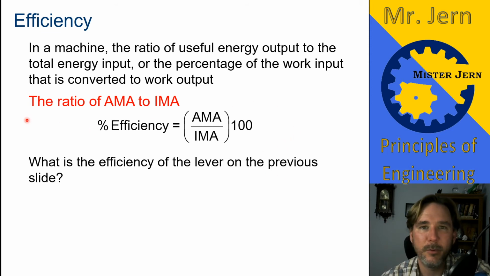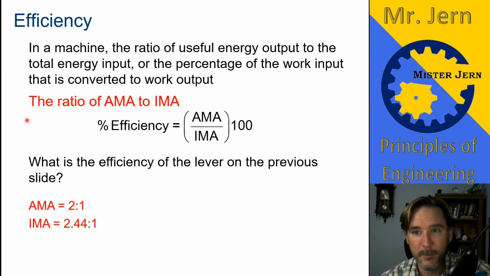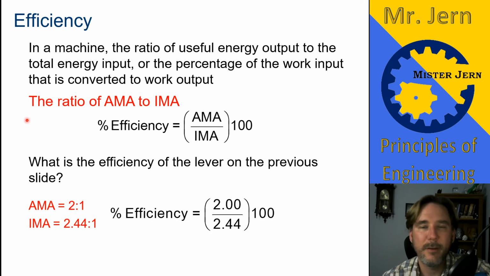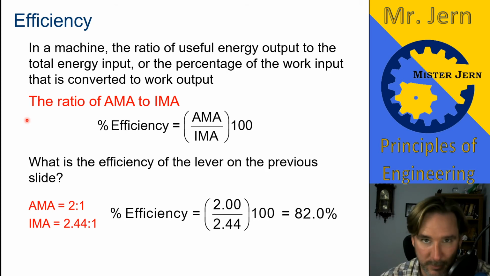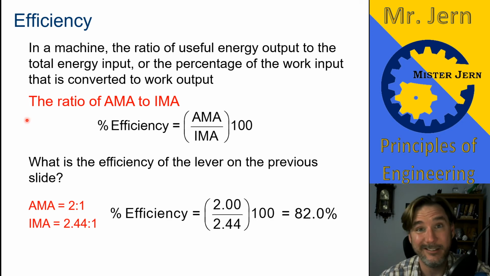So in the previous example, the AMA was 2 to 1, the IMA was 2.44 to 1. So we divide those out, we multiply by 100, and it turns out that that lever is 82% efficient, which is amazingly efficient. If you think about it, there's not a whole lot of friction involved in a lever. You might be like, that's 82%. That's a B, Mr. Jern. Yeah, I know. Welcome to the real world, right?